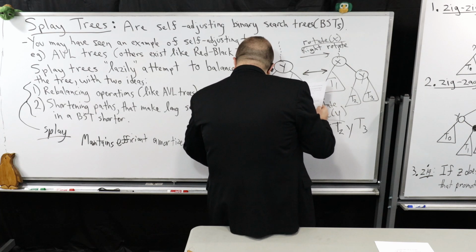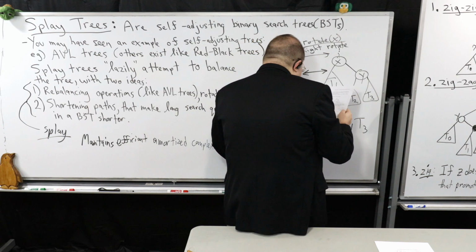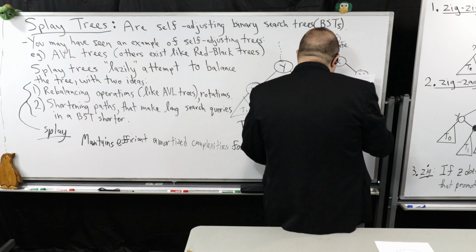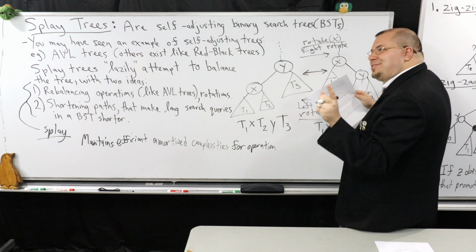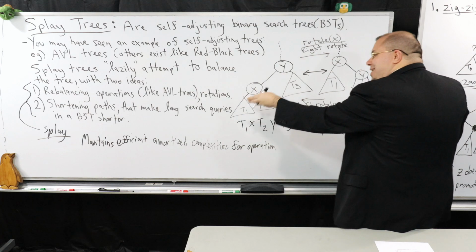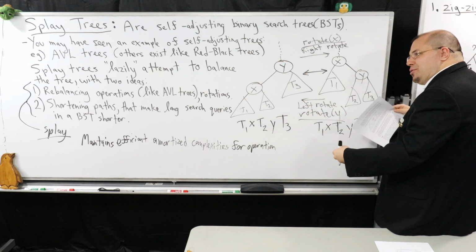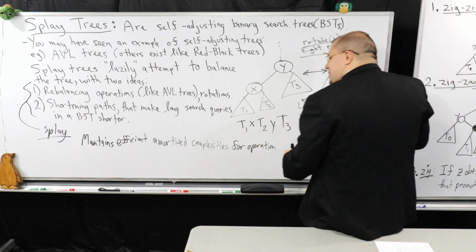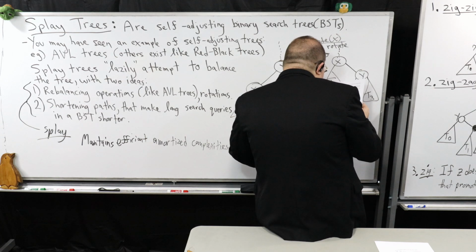All of our insertions, removals, and searches are going to maintain really nice efficiency, just like a balanced search tree would. But it's not actually going to do that. Instead, it's going to do this lazy splay operation every single time I make any adjustment or look at something in the tree. So it maintains efficient amortized complexities.